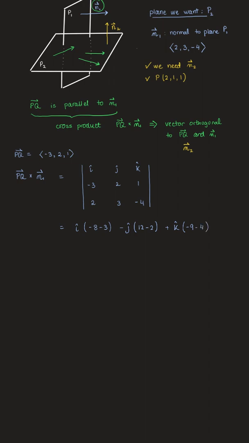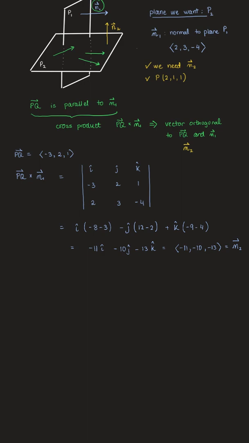And so we have found our normal that we were looking for. We have a negative 11i minus 10j minus 13k. So our normal vector is negative 11, negative 10, negative 13. This is n2, perpendicular to both n1 and vector PQ on the plane P sub 2.